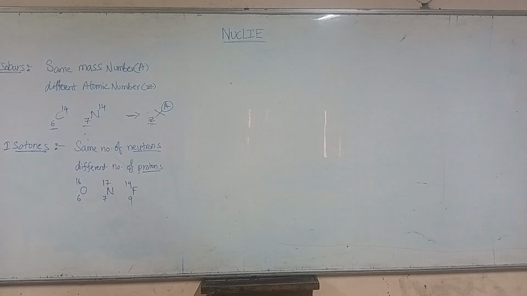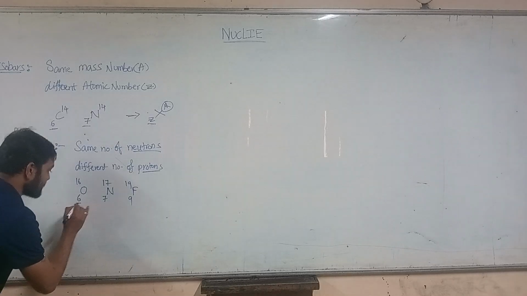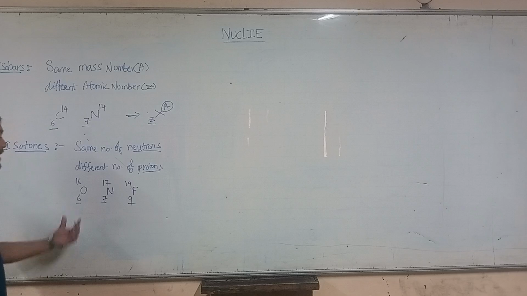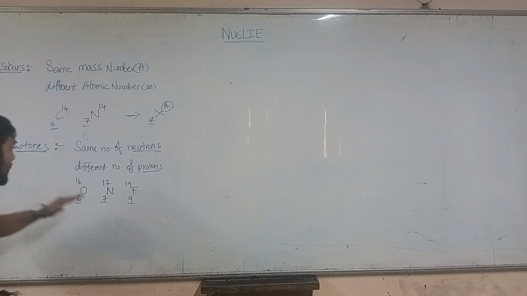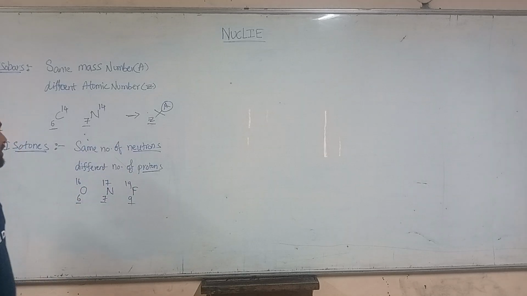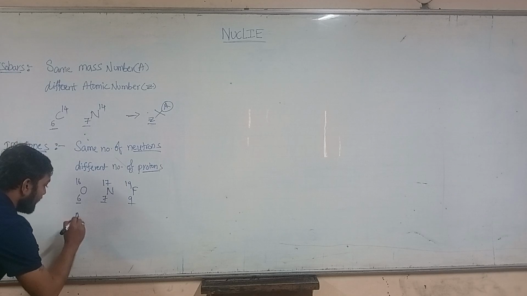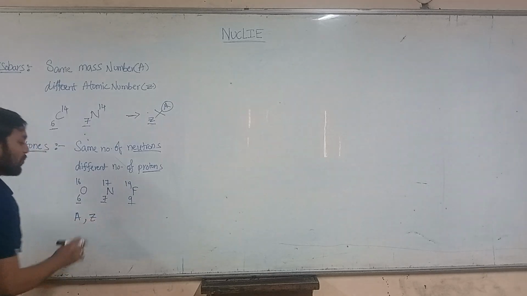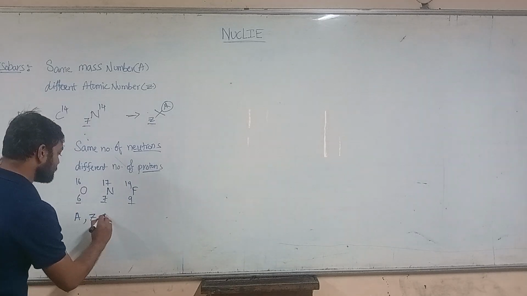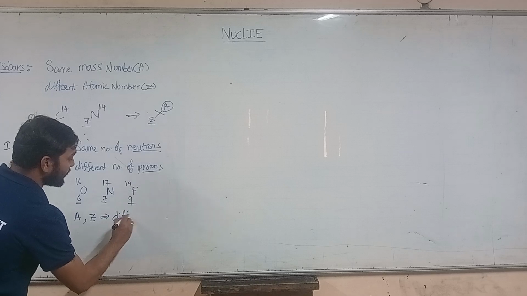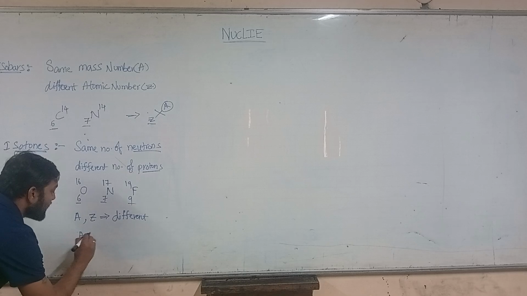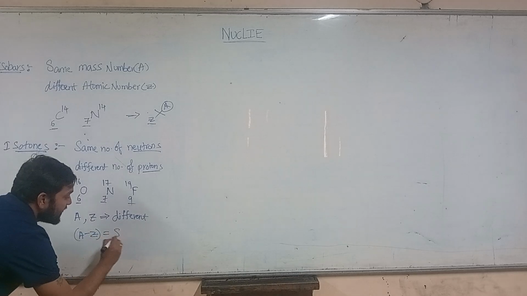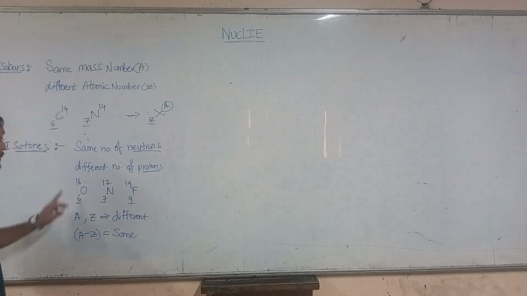So here we have 6, 7, 9. The atomic number and mass number are different, but the number of neutrons is the same. So A and Z both are different, but A minus Z is the same.